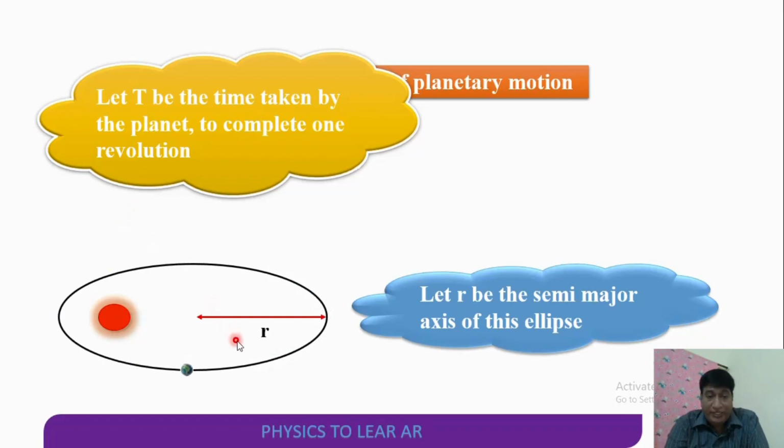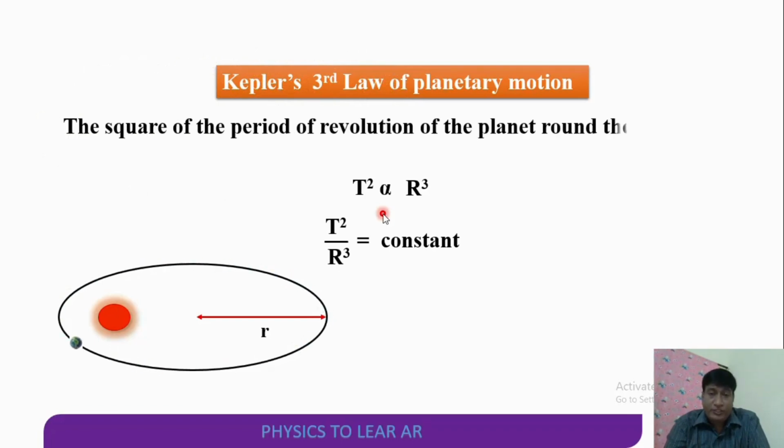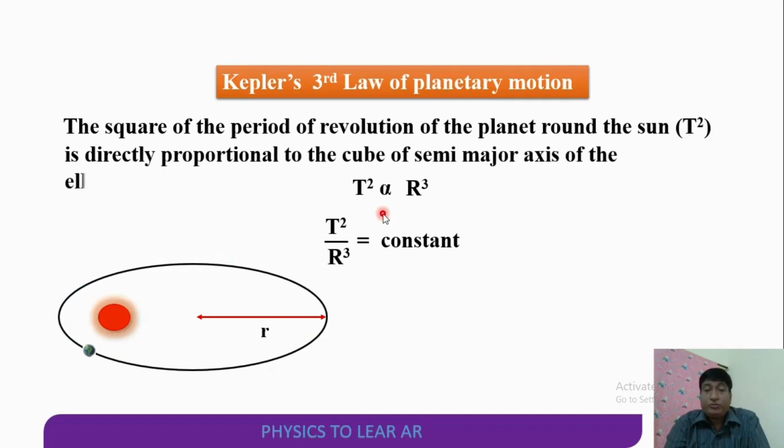So T square is directly proportional to r to the power of 3, so T square by r cube is a constant. The definition is: the square of the period of revolution of the planet around the sun, T square, is directly proportional to the cube of the semi-major axis of the elliptical orbit, which is r cube.